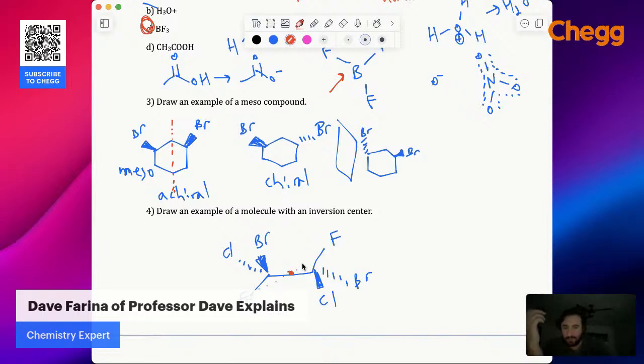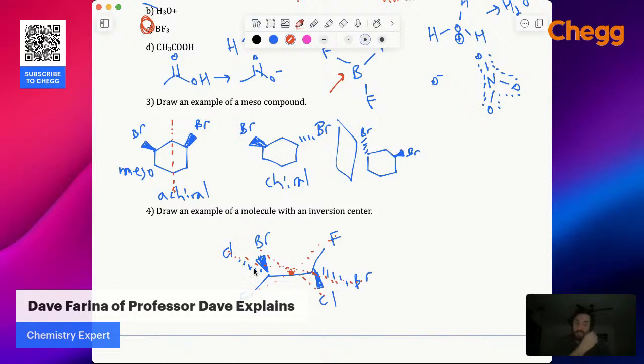So fluorine sees itself right there. Bromine is coming towards us, so it travels backwards through the center of the molecule and then farther backwards to hit the other bromine on the dash, which is farther away from us than the screen. The chlorine is farther away from us than the screen, and then it travels towards the plane of the screen and then beyond, even more towards us, to the chlorine on the wedge bond.